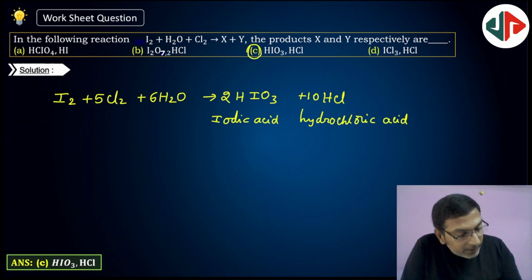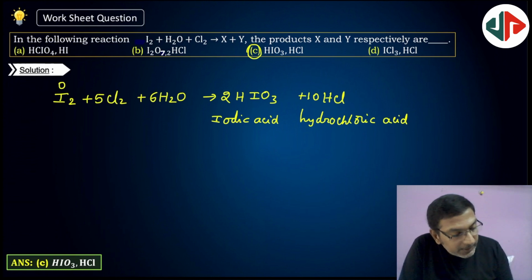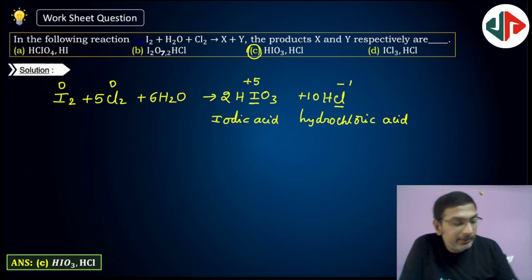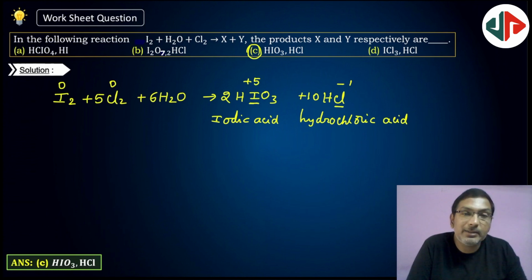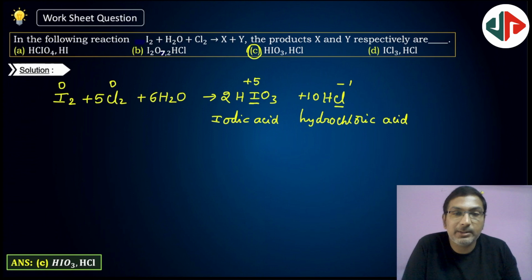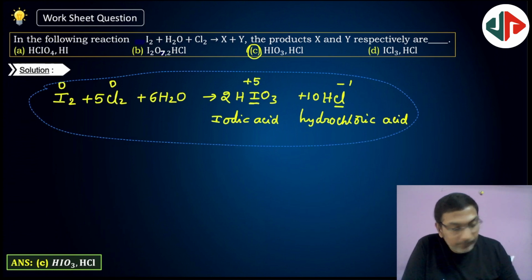So here iodine oxidation state 0, Cl2 also 0. Here I oxidation state plus 5 and Cl oxidation state minus 1. So iodine is oxidized and Cl2 is reduced. Redox reaction. I will write like this.